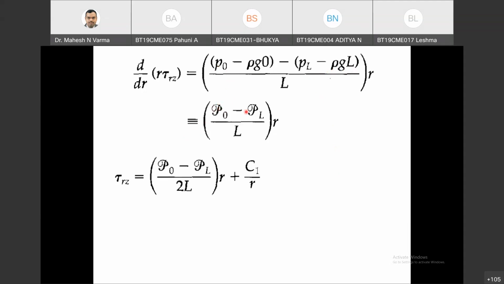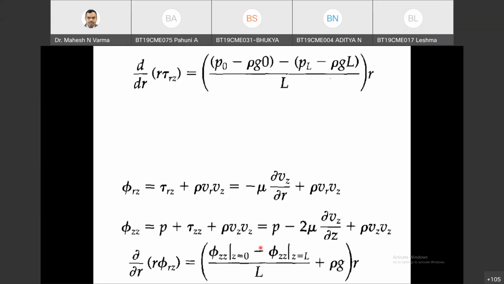Hence this equation is rearranged using this pressure, and this is rho g into r. This rho g into r is also a potential head. So we have rearranged it in this form.